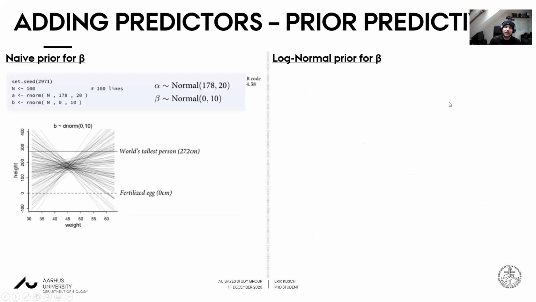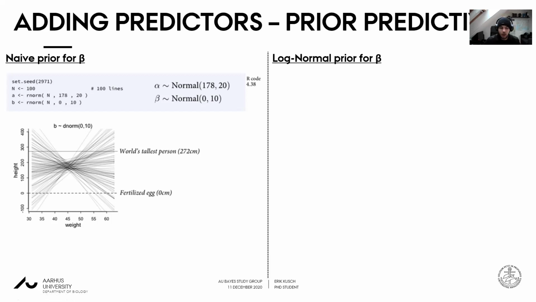But once we look at our added predictors, again, I would like to look at prior predictive checks or prior predictive distributions. So when we use a naive prior for our beta parameter, this of course can vary wildly, and we might get negative relationships between weight and height, which to begin with doesn't really make sense to me.